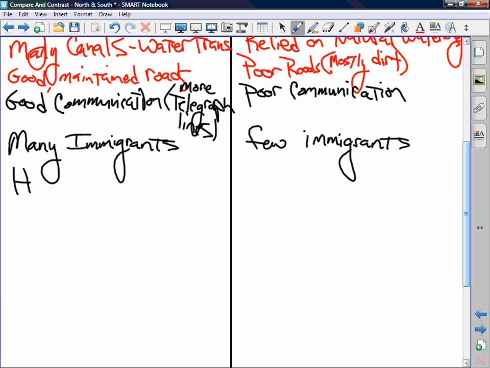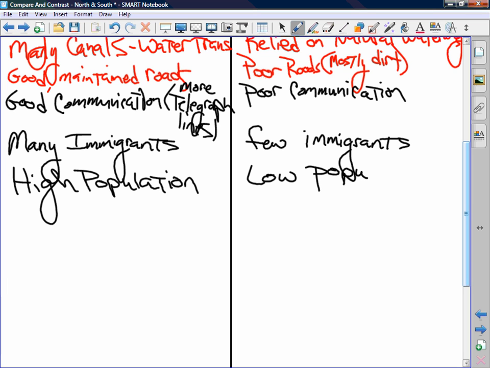We have a higher population, and then we have a lower population. There are more people in the north because that's where all the immigrants are going.